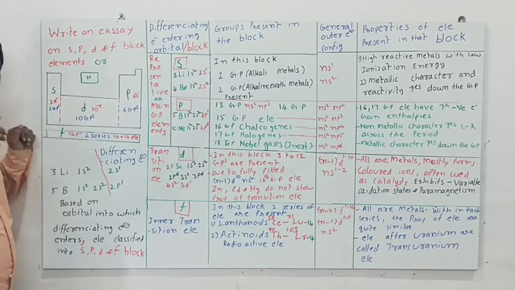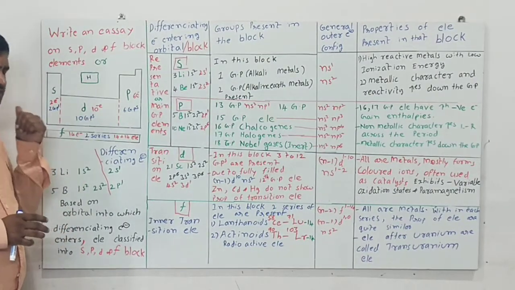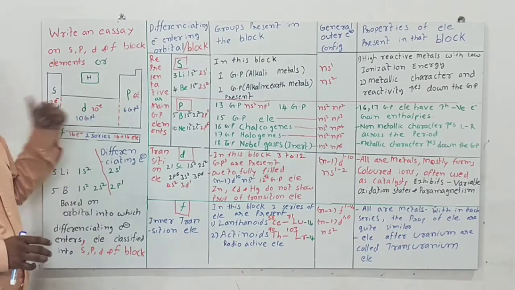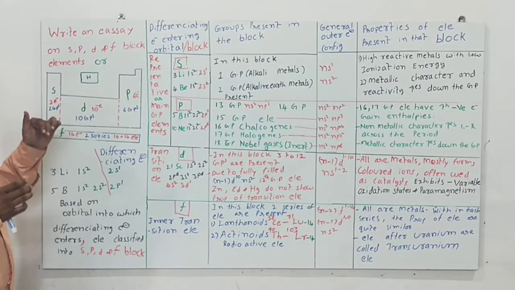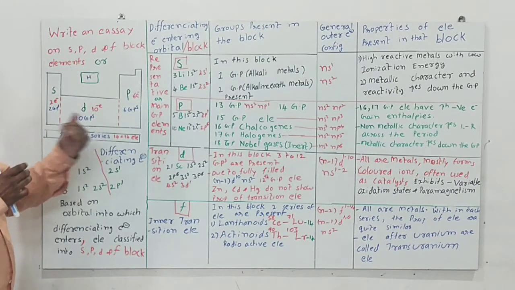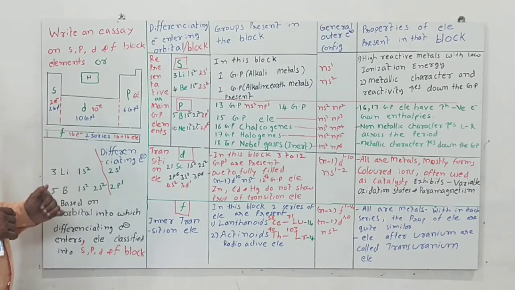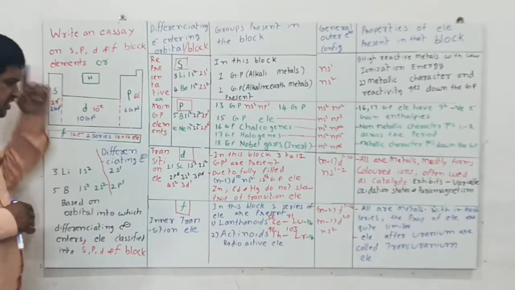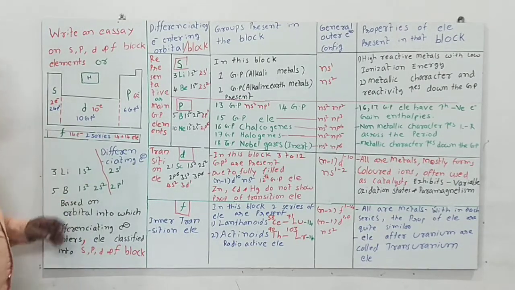And d orbital can accommodate 10 electrons, so it consists of 10 groups of elements. Next, f orbital can accommodate 14 electrons. F block consists of 2 series of elements. Each series consists of 14 elements.